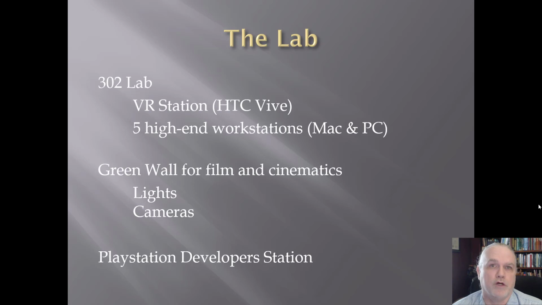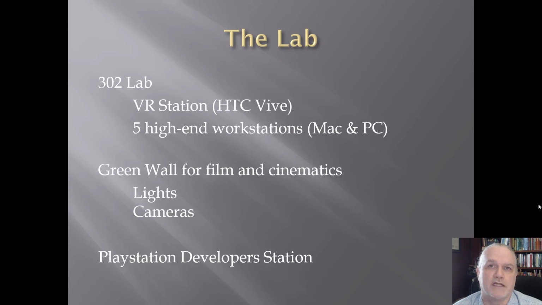We also have inside the 302 lab a green wall for doing film and cinematics. If you saw the welcome video that was created, you saw some of the products that can be done with a green screen. We will be doing a green screen project as part of this class, so you do get to look forward to that.